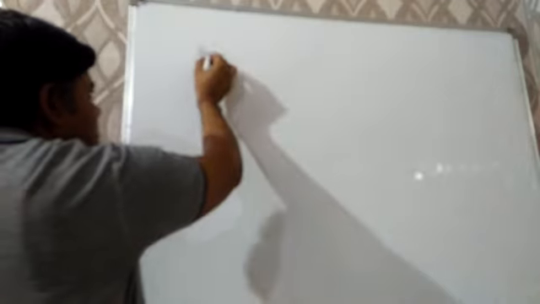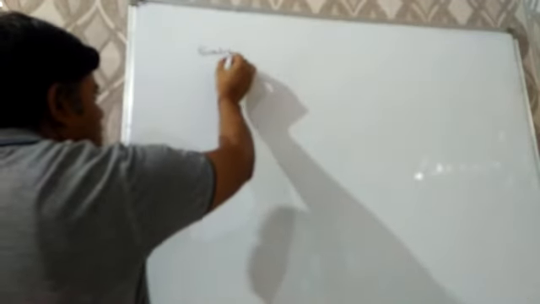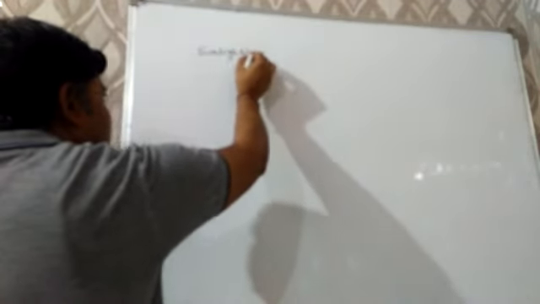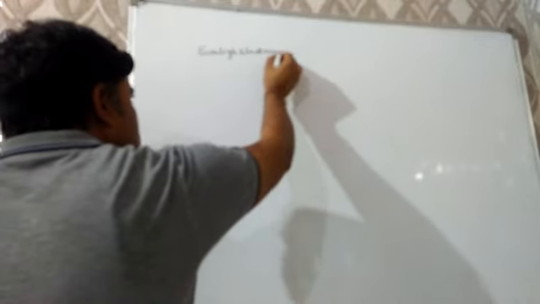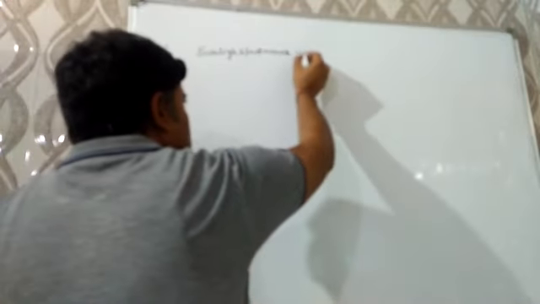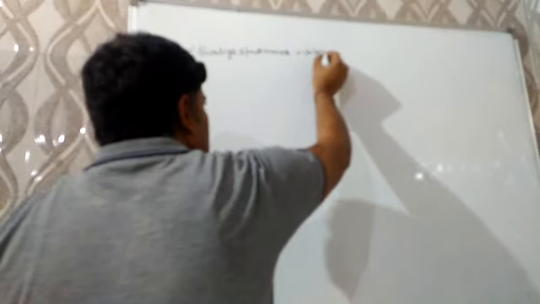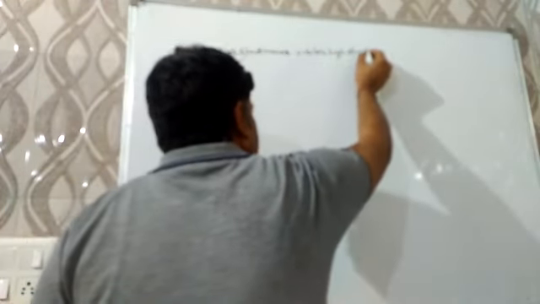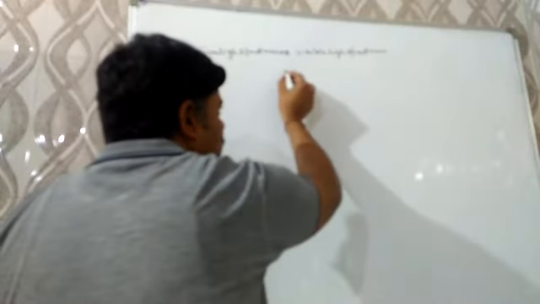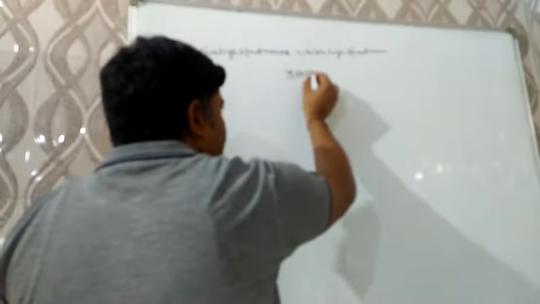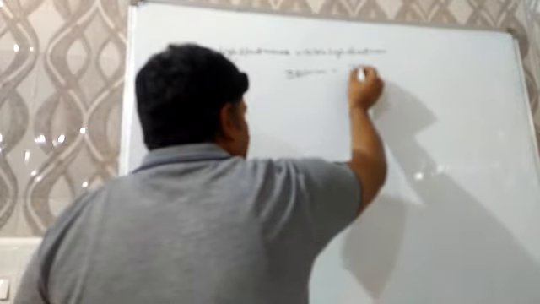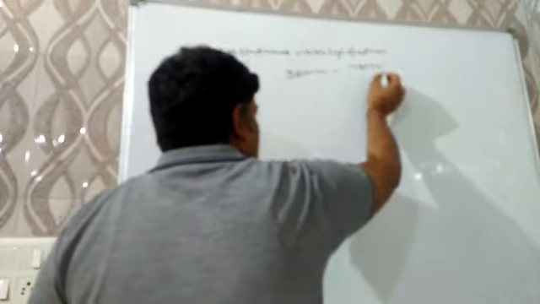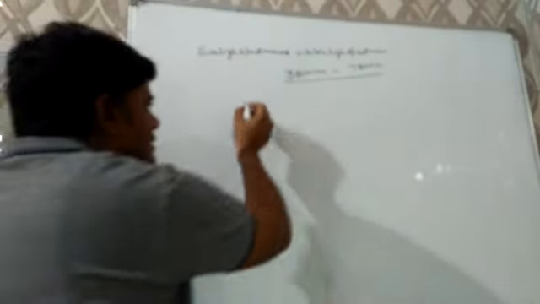First of all, we have to discuss the sunlight spectrum, or visible light spectrum. As I already mentioned, the wavelength of visible light is from 380 nanometer to 780 nanometer, and the visible light can be divided into 7 colors.